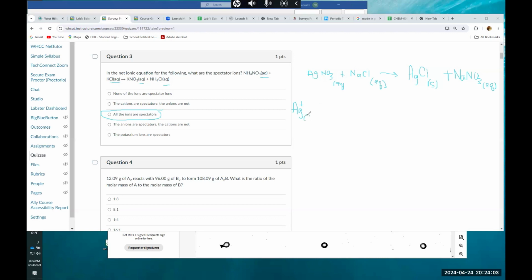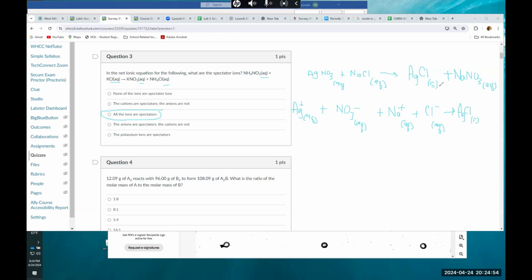Let me do this right. Ag(aq) plus NO3 minus (aq), plus Na plus (aq) plus Cl minus (aq), yield, and that's going to yield AgCl, and then we have a solid.